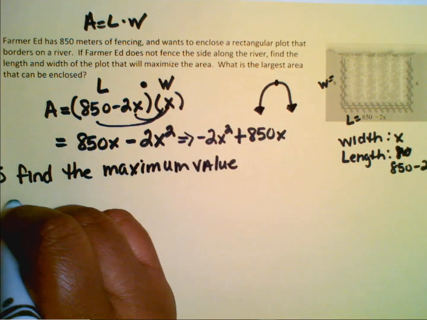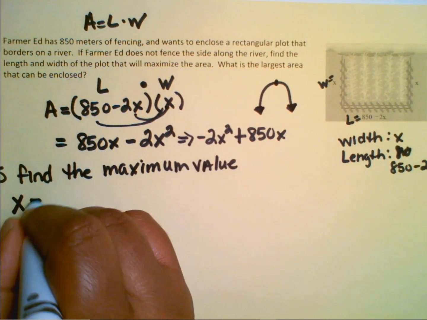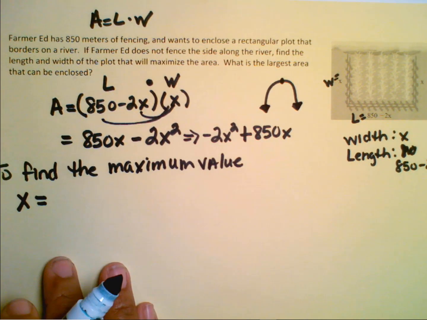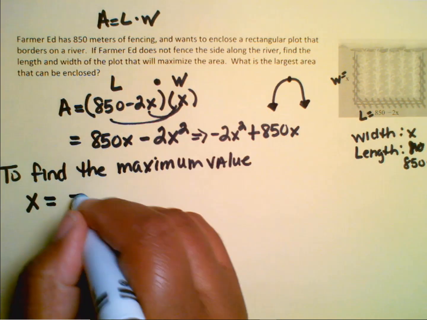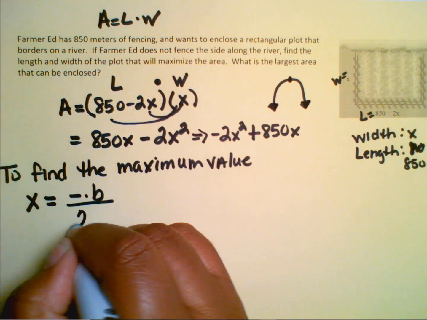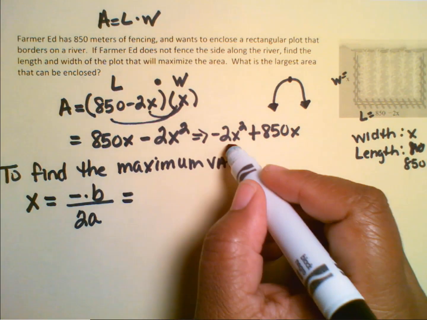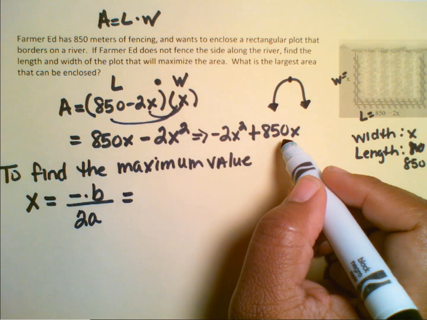To find the maximum value, we're going to use our formula. x is where we would normally find the vertex, so x is equal to negative b over 2a. Let's plug in the values. a is negative 2, b is 850.